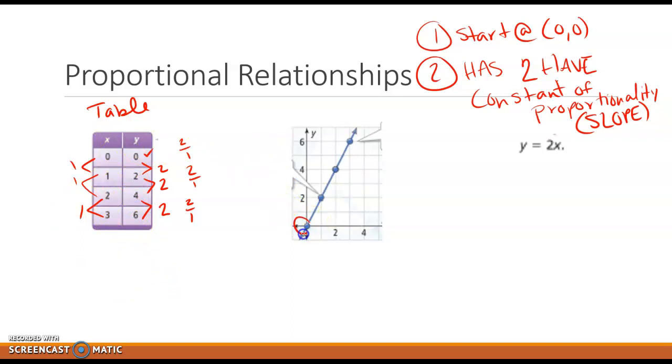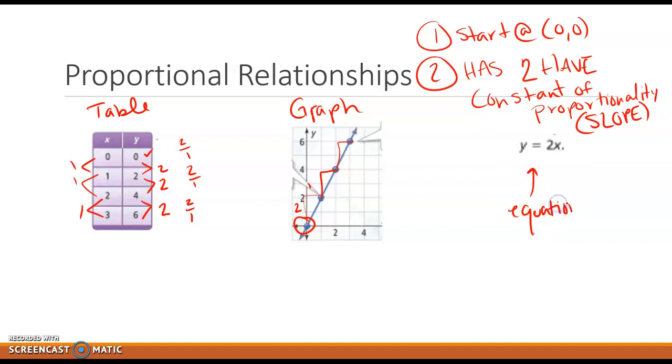Here we're starting at 0, 0, and I go up 2 over 1, up 2 over 1, up 2 over 1. So it has both things. We start at 0, 0, and we have a slope of 2 over 1, so a slope of 2. And this table is what matches with this graph, which is this equation.